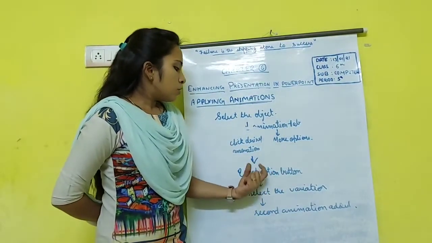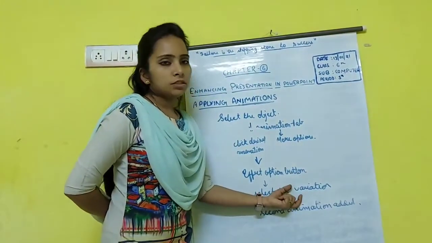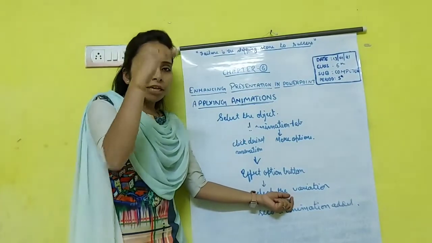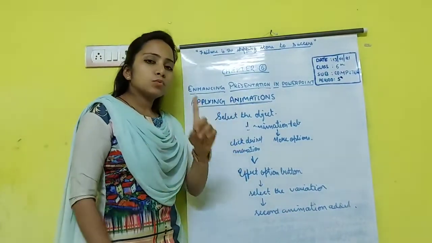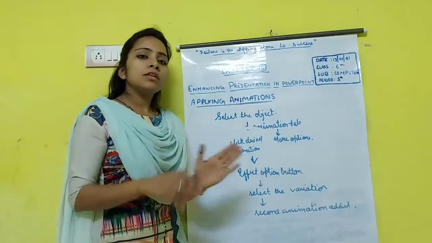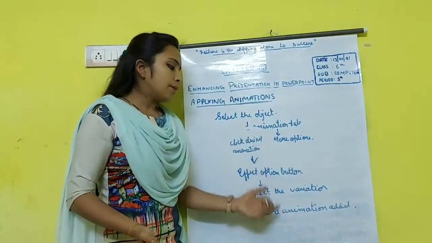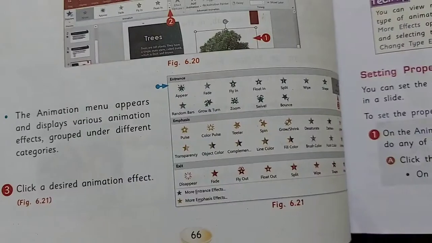So you will go to the effect option button and then you will select the variation. Different types of variations are there, and from among that you will select one, and then your second animation is added, and when you start your slide show you can see these two animations. So these are the ways to apply animations.